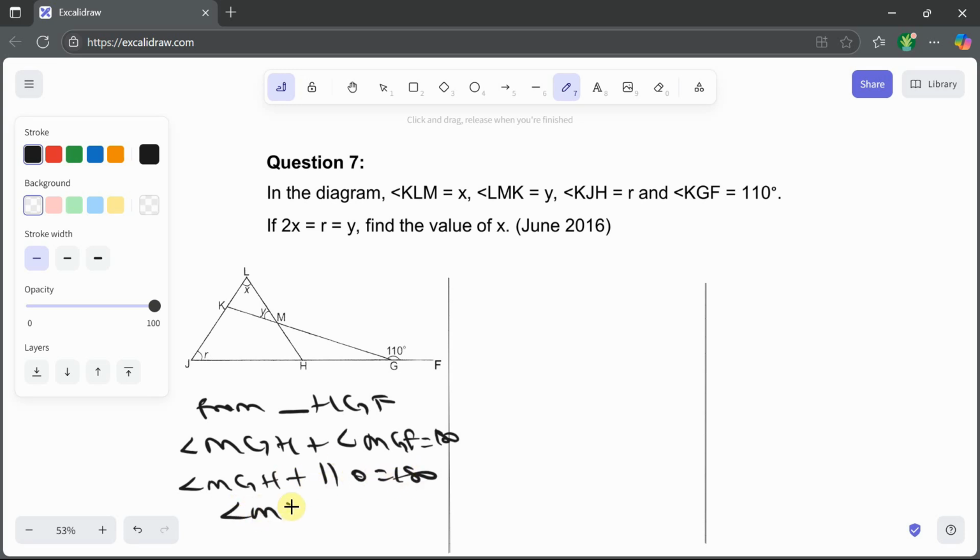So angle MGH will be equal to 180 minus 110, and that will equal 70 degrees. So now this here is 70 degrees. Great.